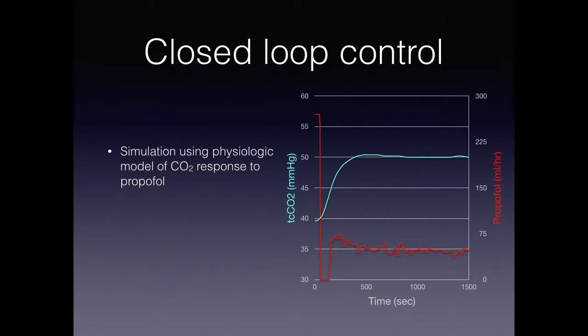Then they said, can we build a control system that can just target a transcutaneous CO2 and adjust the propofol for this? You can see here that you just give a command, take the CO2 to 50, and it turns the propofol up for a little bit, turns it down, and just adjusts it. At least in concept, they can hold the CO2 where they want to hold it.